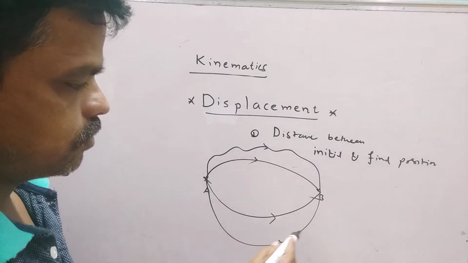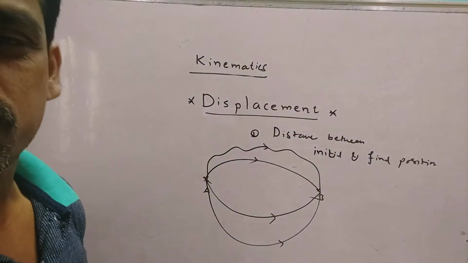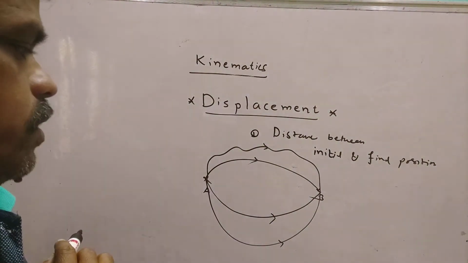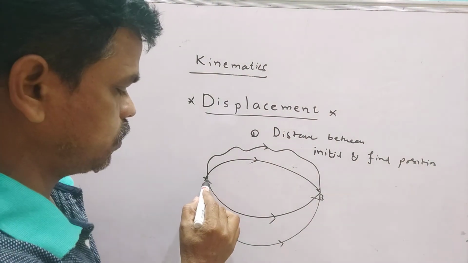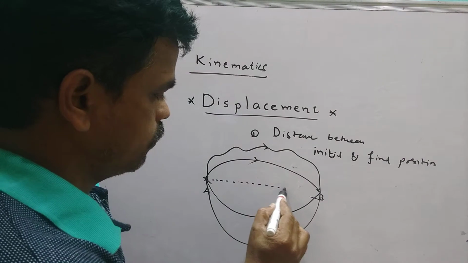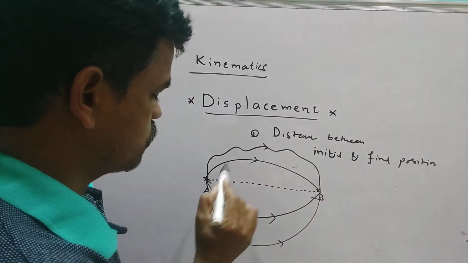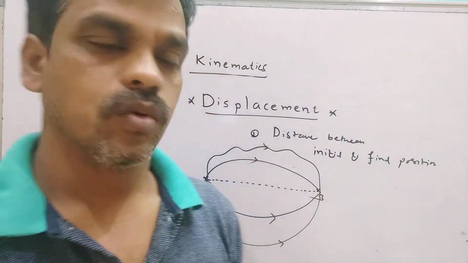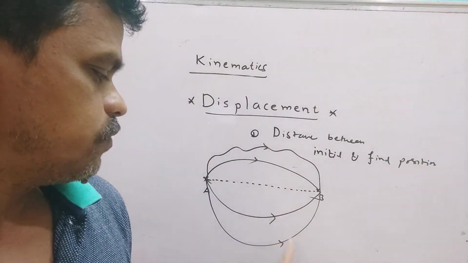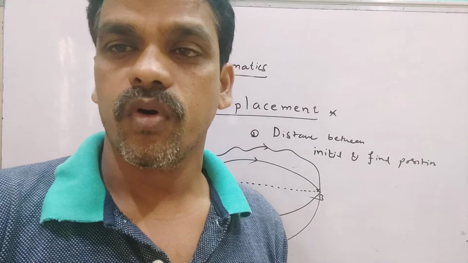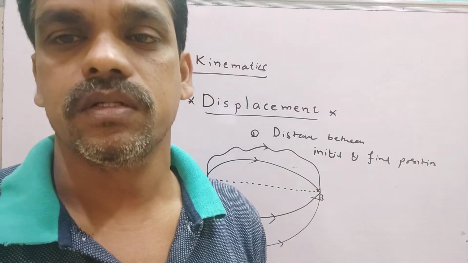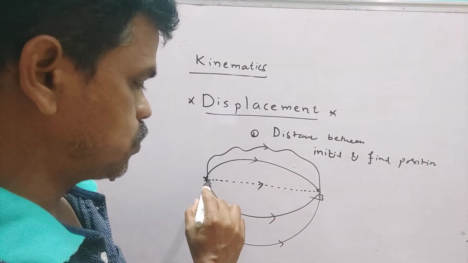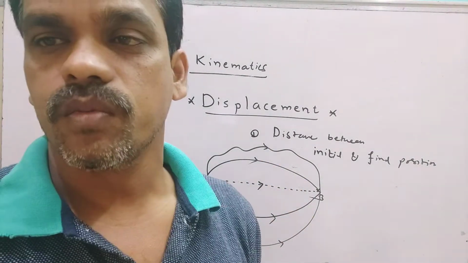So these are the number of ways to reach from A to B. But which is the shortest? Which is the shortest distance between A and B? Which is the shortest path? So we have here 4 paths. But which is the shortest path? This is the shortest path to reach from A to B.